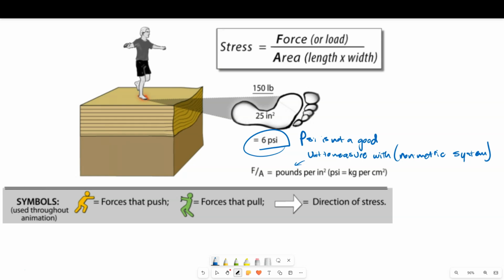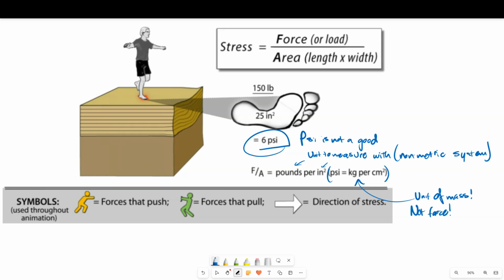It's pounds per square inch. Now this isn't much better. In parentheses over here they're using kilograms per centimeter squared. The problem with this is that kilograms is a unit of mass, so it leads to confusion. That's a unit of mass, not force.